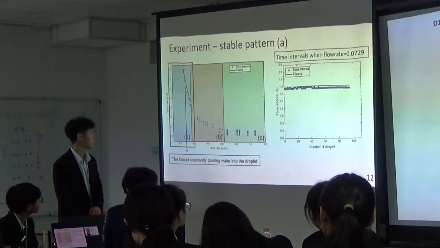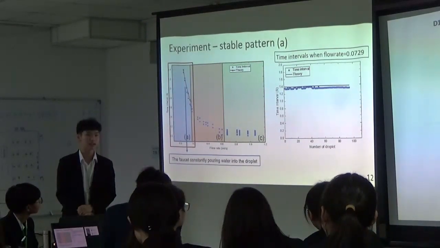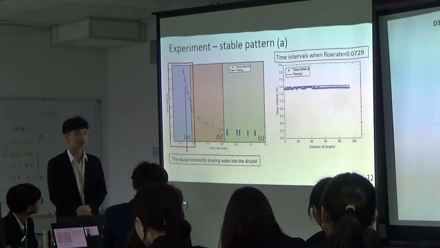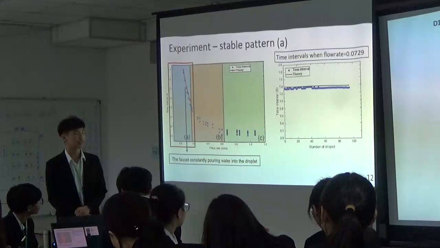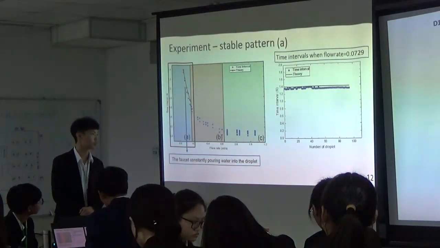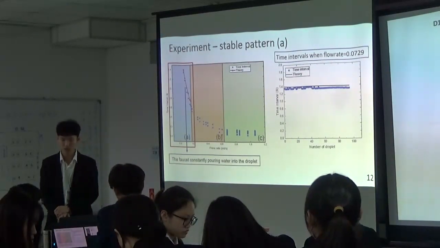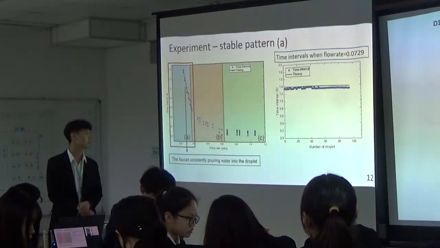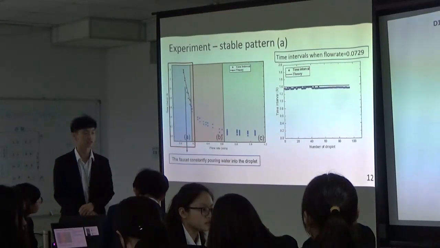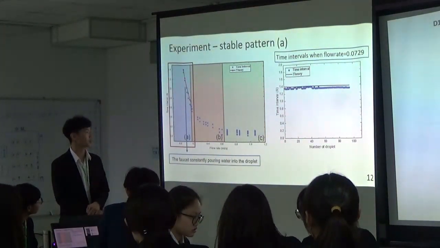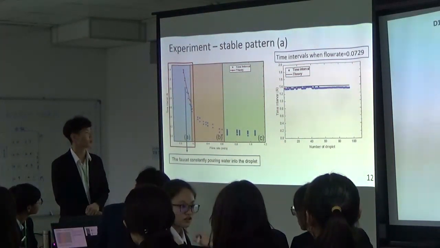It is because in our theory we consider the time interval in a very stable condition. However, in the real experiment, the faucet keeps pouring water, so the dripping will be faster and the time interval will be smaller.